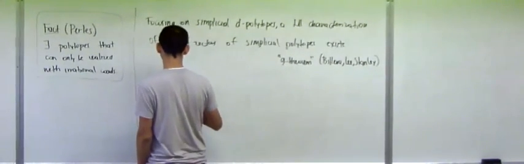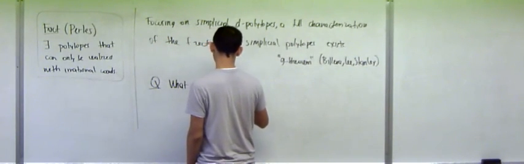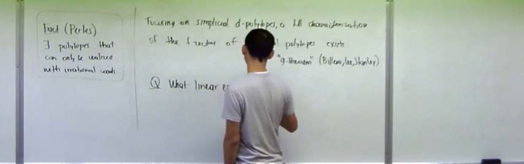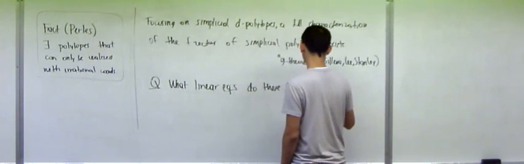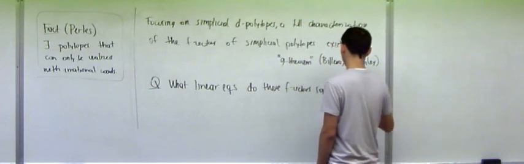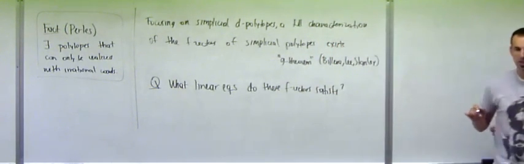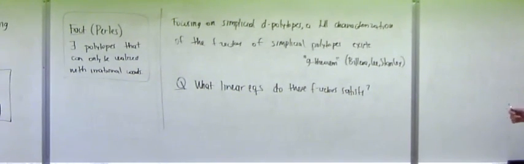Okay, so let's start with a simpler question, which is what linear equalities do these F vectors satisfy? If you are the F vector of a simplicial polytope, what linear equations do you have to satisfy?